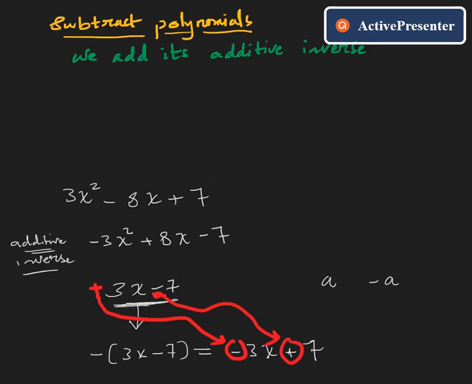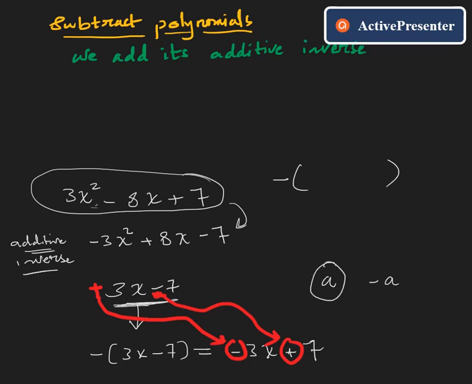So what did we do in order to get to this answer? We just said the additive inverse of 3x squared minus 8x plus 7 is the negative of what is inside, the same as a. The additive inverse of a is minus a, right? So it is minus, between parentheses, 3x squared minus 8x plus 7, which is eventually this.